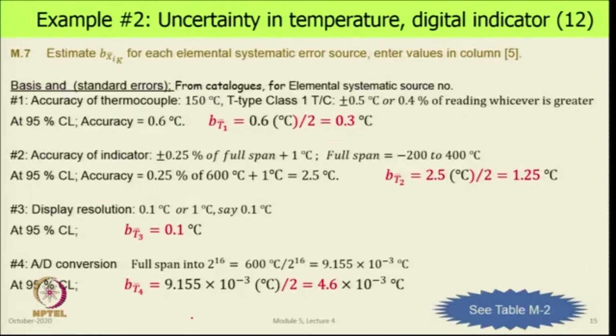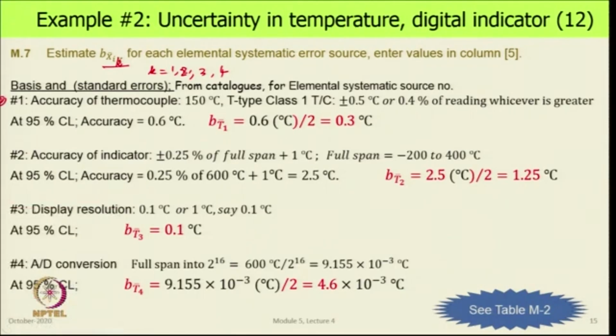Now, how do we estimate the standard error from each one of those sources of error? So, that is our 7th step, estimate Bxik for each elemental source. This k is a small k. We have k equal to 1, 2, 3 and 4. We had 4 elemental sources of systematic error, and now we go one by one, see what happens.